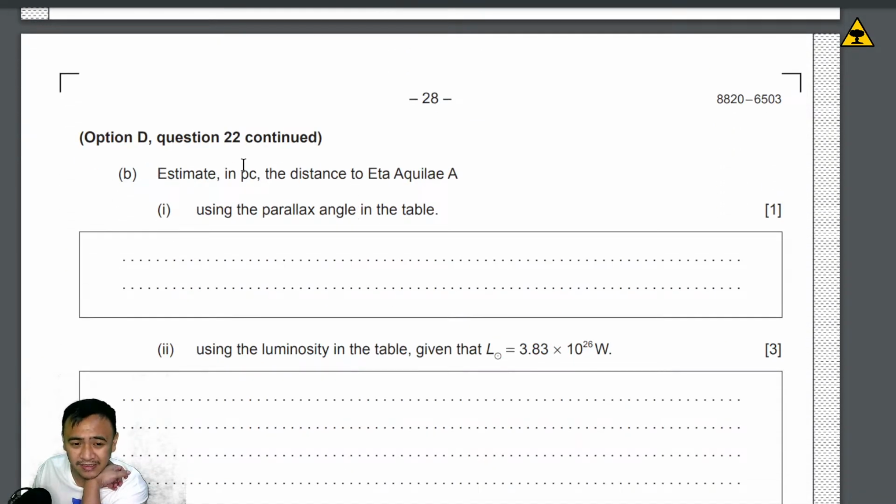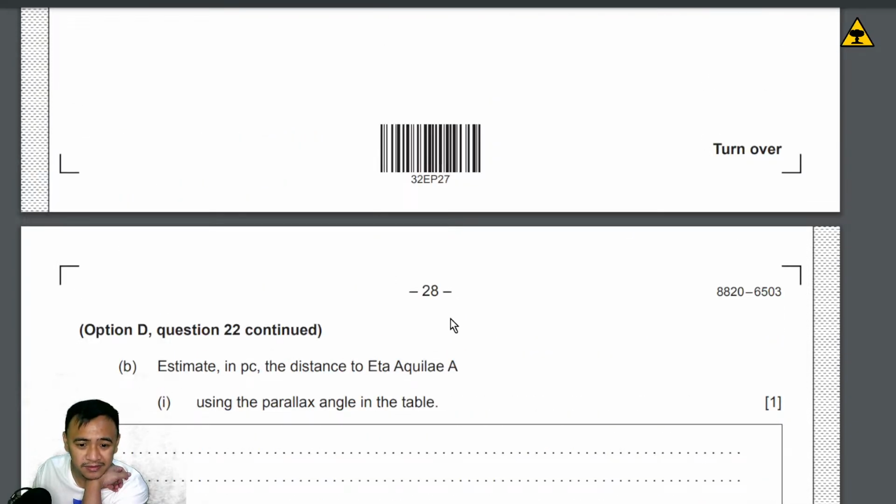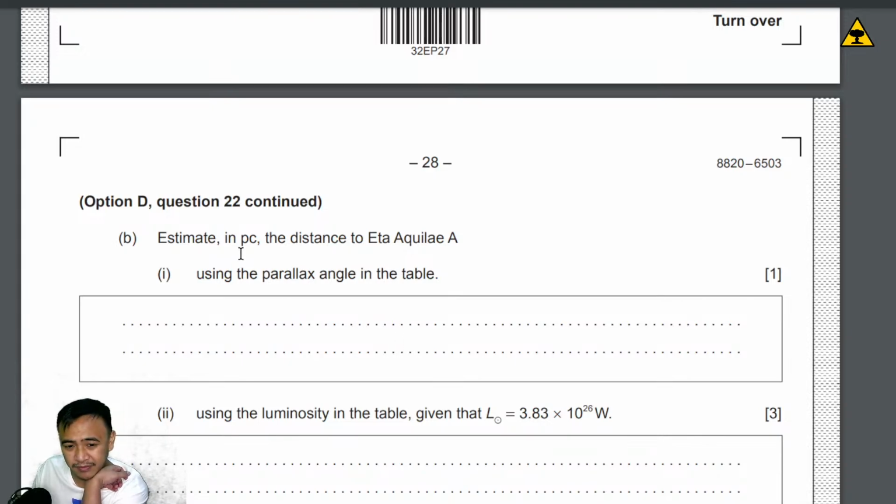Okay, here in B, you're going to estimate in parsecs the distance to eta Aquilae A using the parallax angle in the table, and using the luminosity in the table.